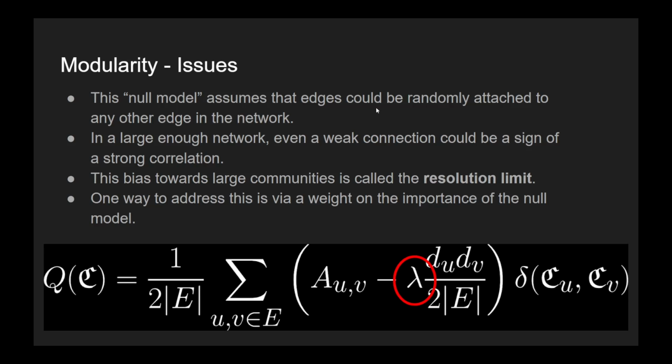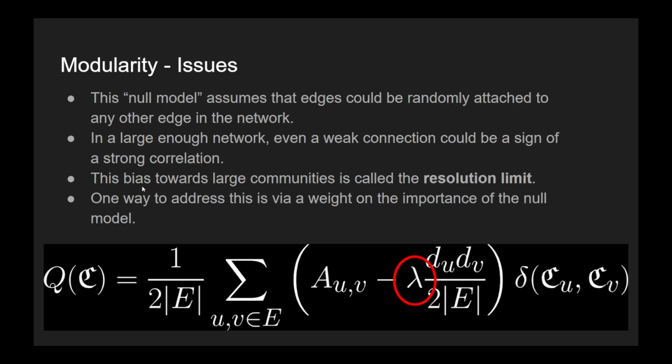What can happen is that in a large network, even a very weak connection between groups of nodes could be a sign of a strong correlation, simply because the denominator becomes so large, because we have so many edges.